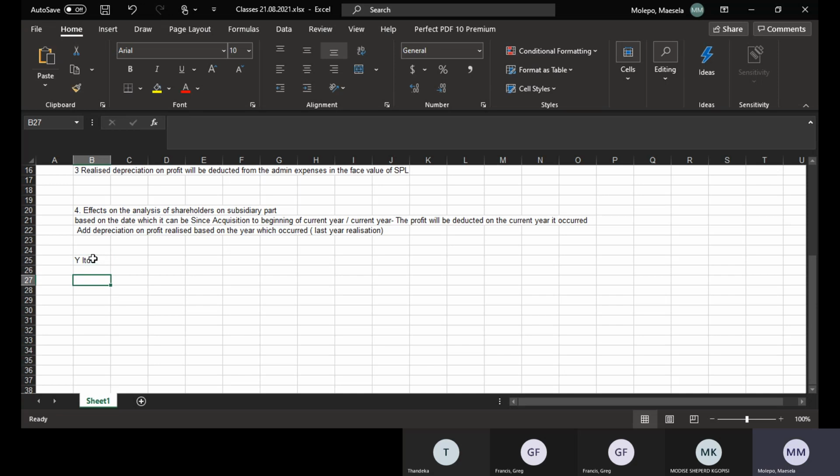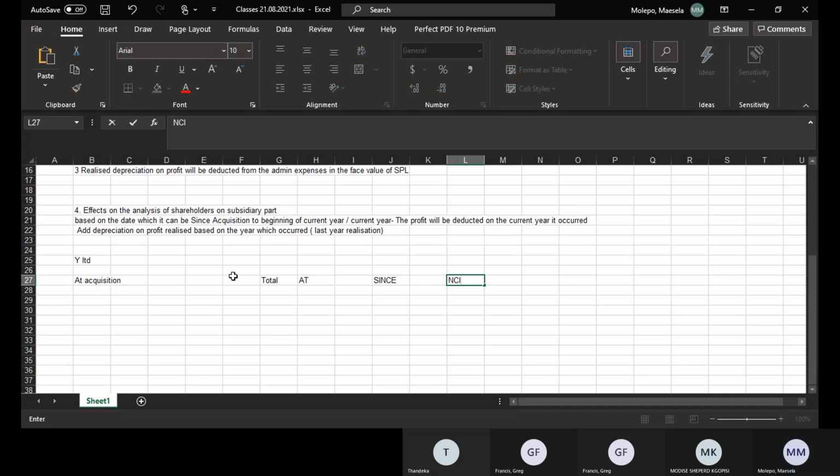Then we're going to have the at acquisition part, the current, the total, at and since, and then we have NCI.